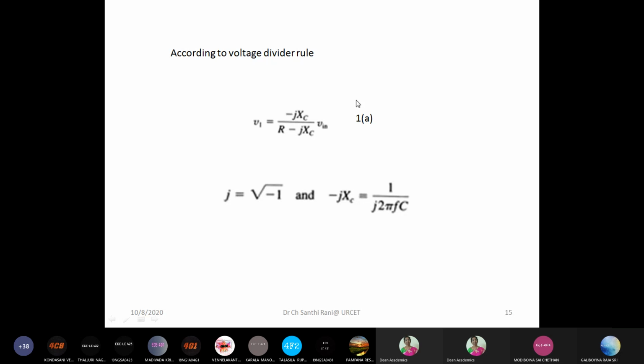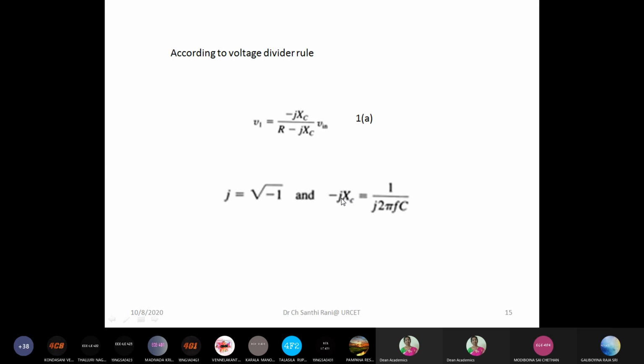By using this voltage divider rule, as I just mentioned, V1 is equal to minus jXC by R minus jXC into Vin. After that, wherever we have minus jXC, you replace it with 1 by j2πfC. That means XC is equal to 1 by 2πfC.